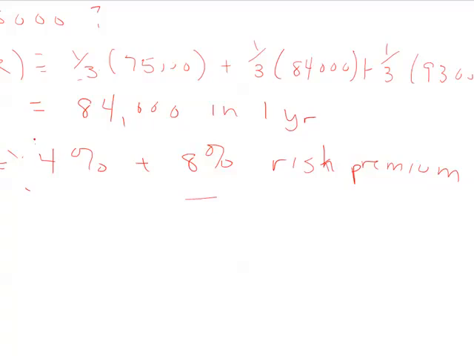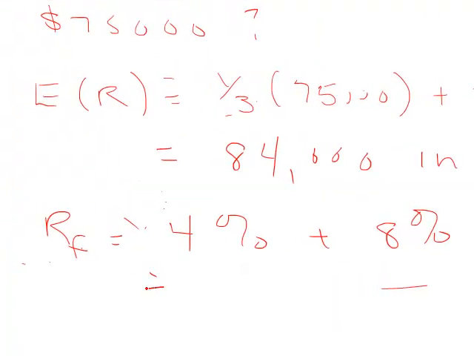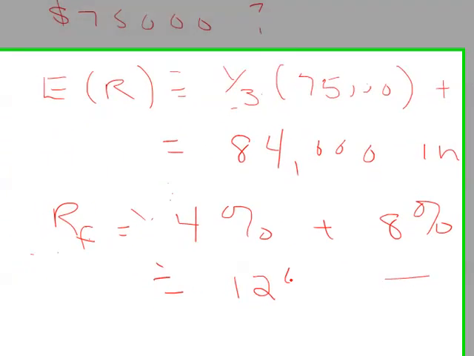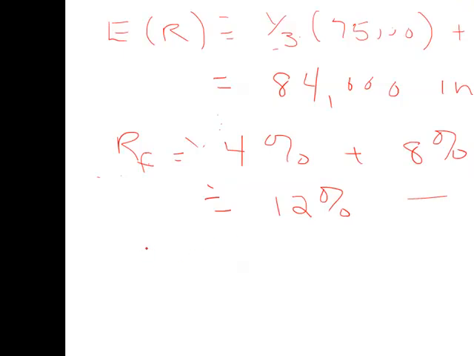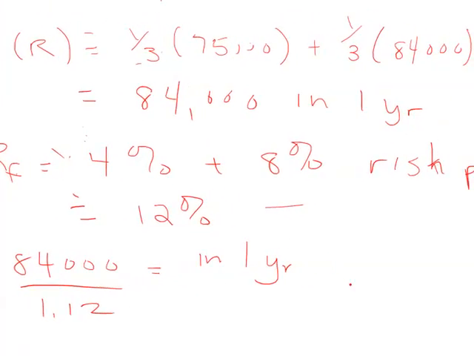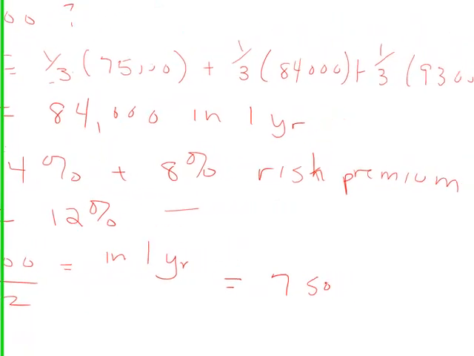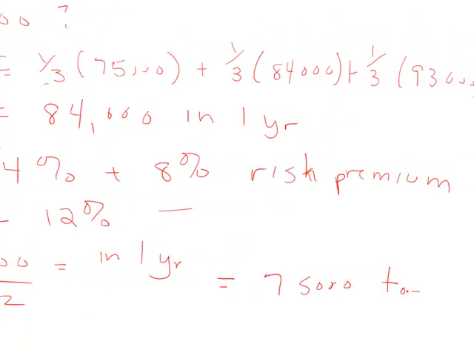So therefore the appropriate discount rate for the coffee shop is 12%. Well, if you're getting $84,000 1 year from now, and I want to discount that back one period by 12%, that's $75,000 today at year 0.